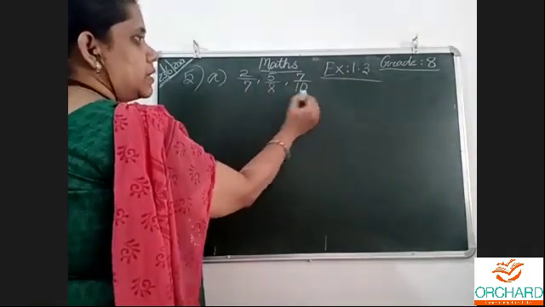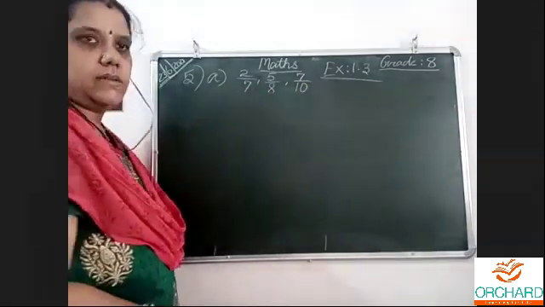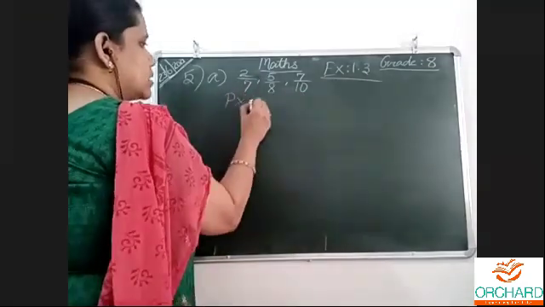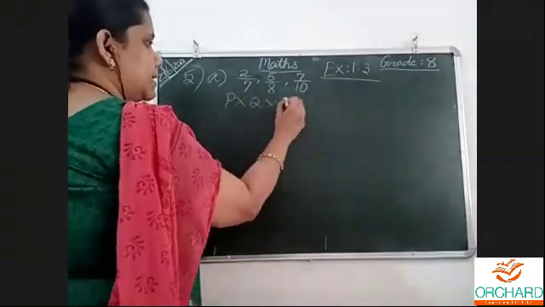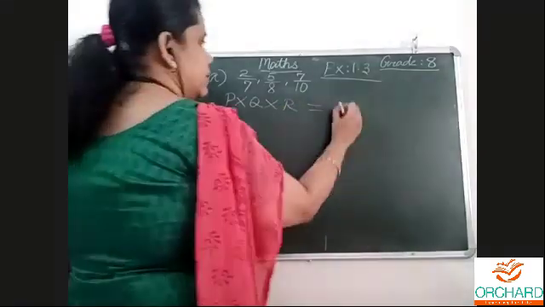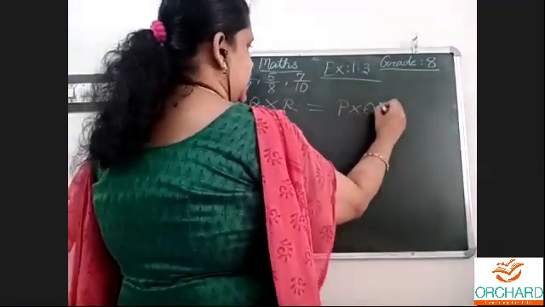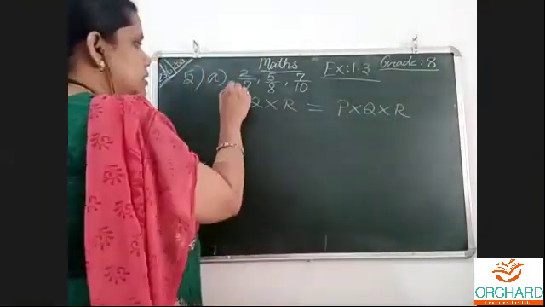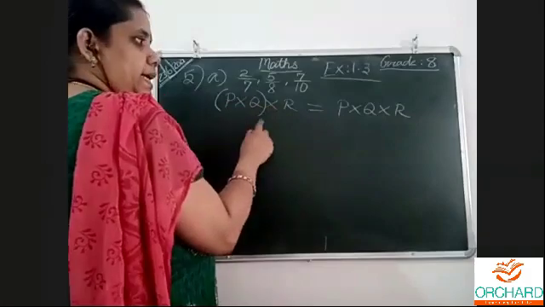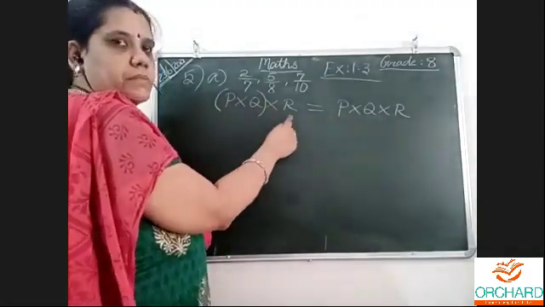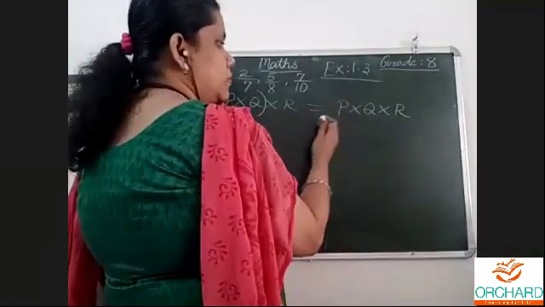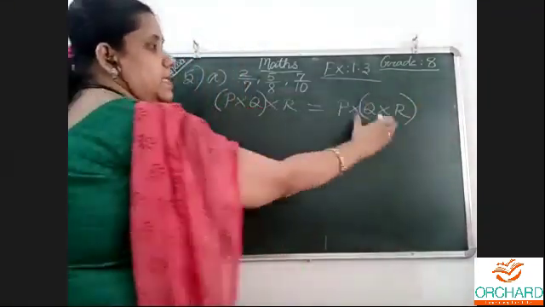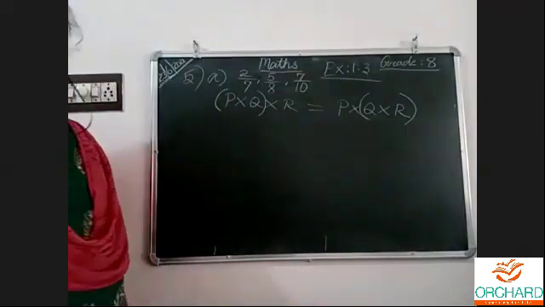This is P, Q and R. If I take it like that, it is the associative property of multiplication. Let us write both sides, PQR, PQR. First 2 numbers when I multiply, do with the third number, and the first number to leave, the next 2 numbers to do in the bracket. First 2, next 2. Remember like that.